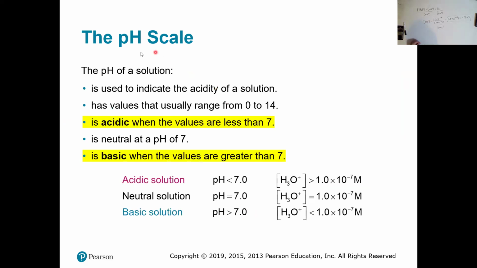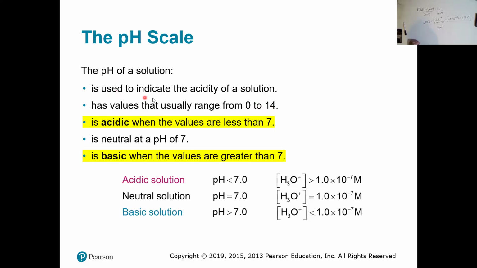Okay. So for an introduction to our pH scale, it's out of 14. It goes from values right around 0 to right around 14. You can have values that are a little bit lower than 0 and a little above 14, but that's in very, very concentrated cases.